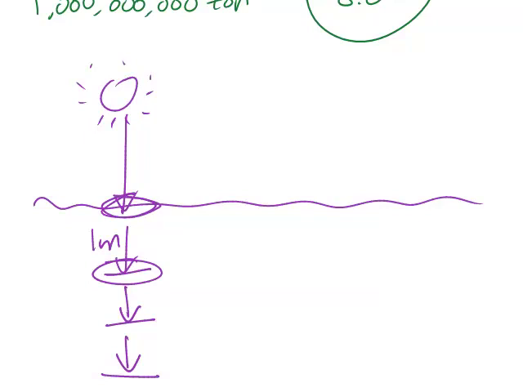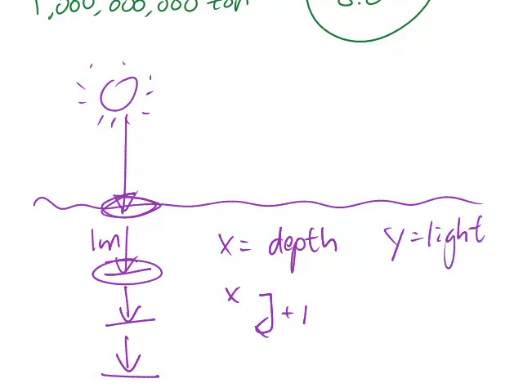So if x is the depth, every time x goes plus 1, y, which is the amount of light, goes maybe 1/2 or 1/3. We'll look at a very specific example in the future, but no matter what this multiple is, this is an add-multiply or add-divide, if you want to call it that way, pattern, and so this is actually a logarithmic function.